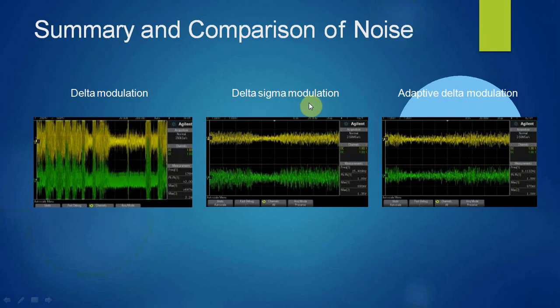In case of the delta sigma modulation, we try to reduce the limitations that remain in the delta modulation, where the integrator is placed in between the information bearing signal and the summer, and we remove the slope overload as much as possible, but the granular noise remains there.